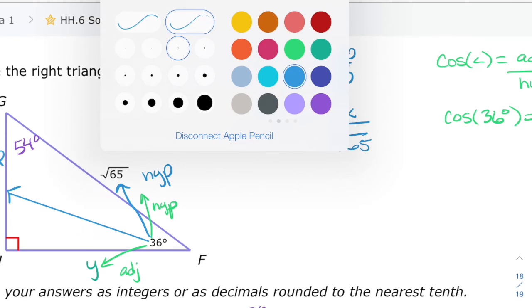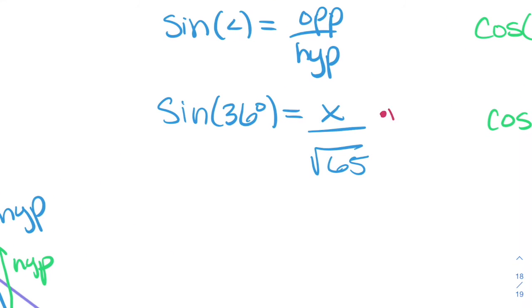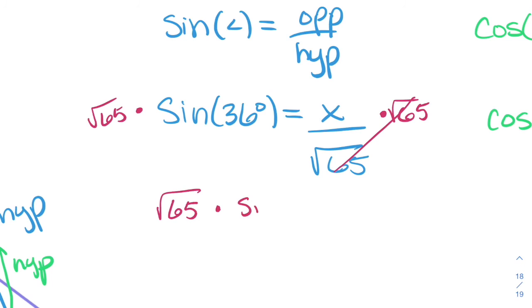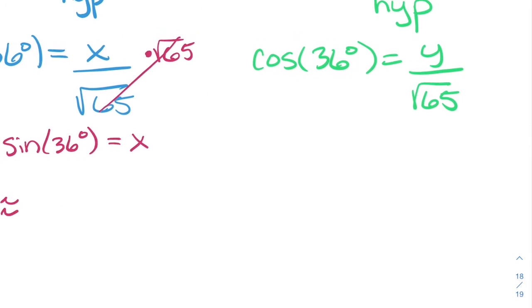So to solve for these, we're going to multiply both sides. For this one, we'll multiply both sides by the square root of 65. And then we'll get the square root of 65 times the sine of 36 degrees equals x. So x approximately equals, we'll do that in our calculator in a second.